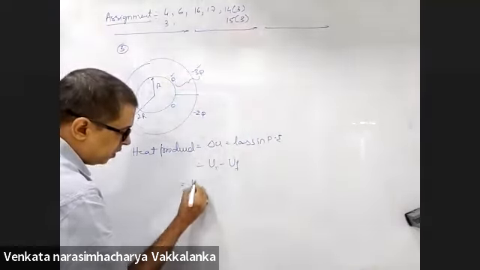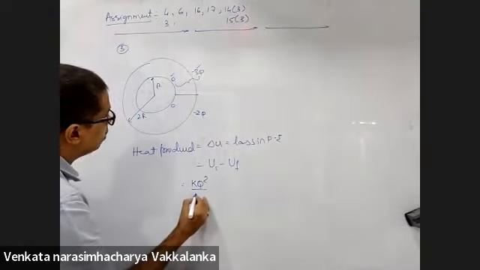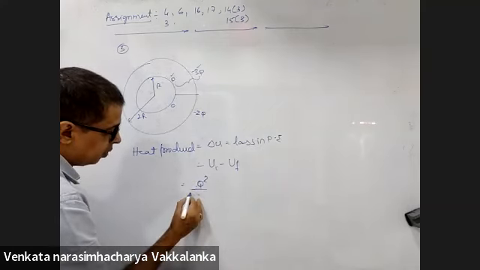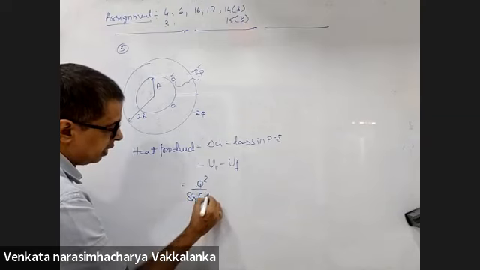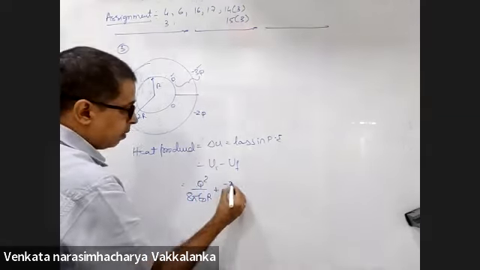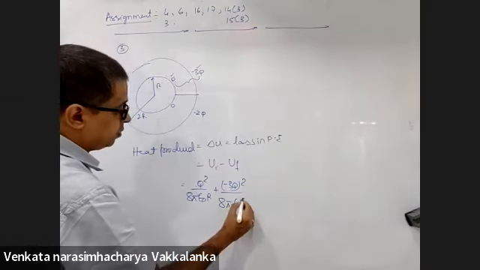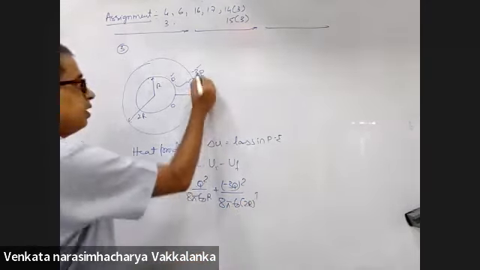Self energy of this, KQ square by R, Q square by 8 pi epsilon naught R, minus 3Q whole square by 8 pi epsilon naught 2R.